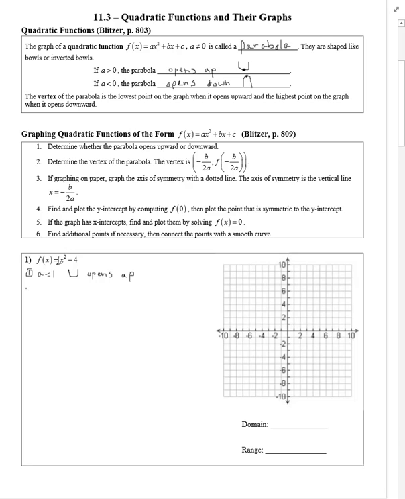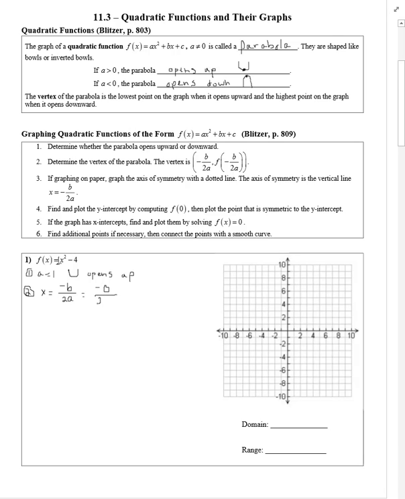Okay, the next thing we do is find the vertex. So the way we find the vertex is first we start by finding the x-coordinate. The x-coordinate of the vertex we find by doing negative b over 2a. And if you'll notice, this negative b over 2a is actually part of the quadratic formula. So in our case, we don't have an x term, so our b is 0.